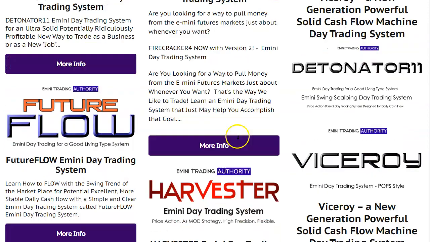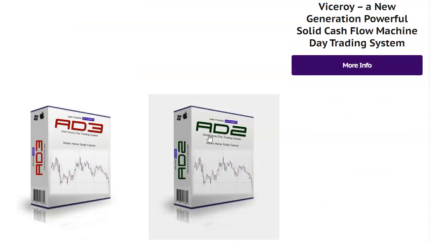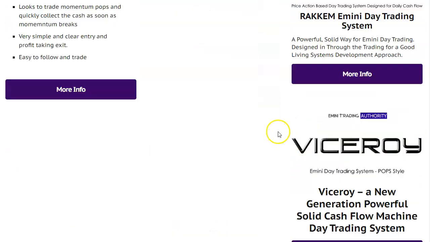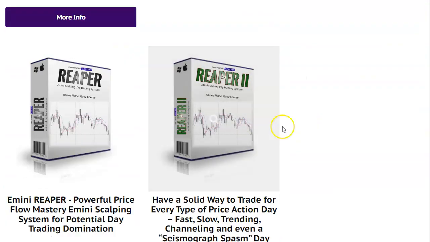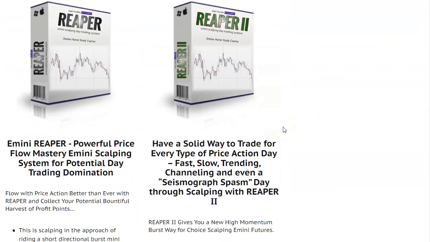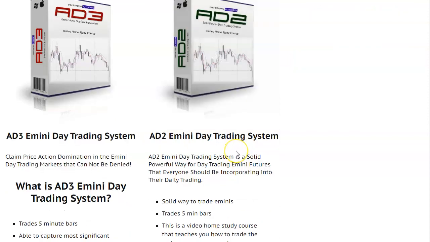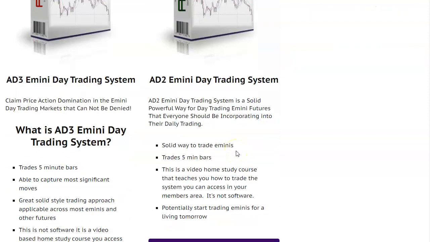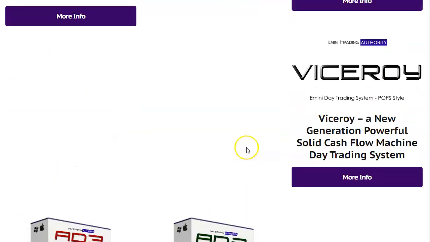Detonator logo's getting around. All right, Rackham, Viceroy, Reaper, 2 and 1. $83 and 82. It's named after someone who really likes price action only and is allergic to trend lines.